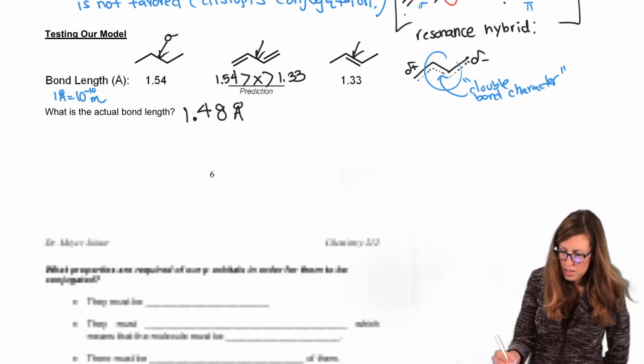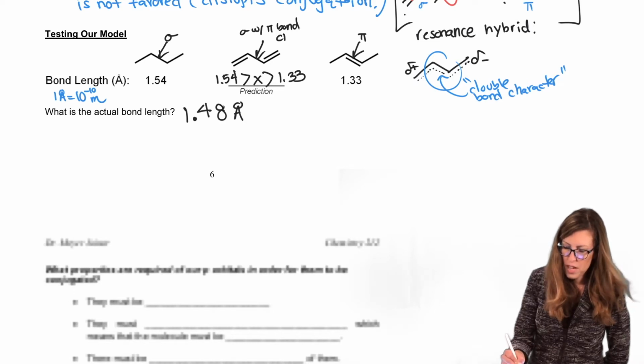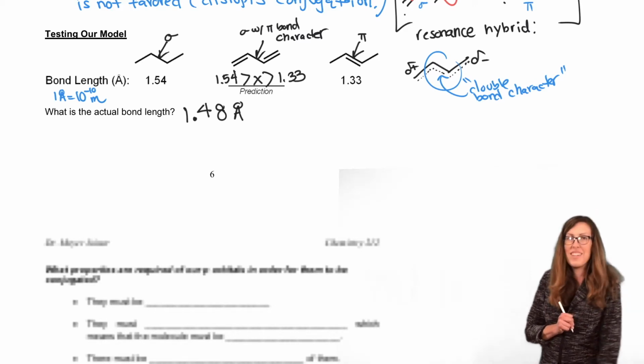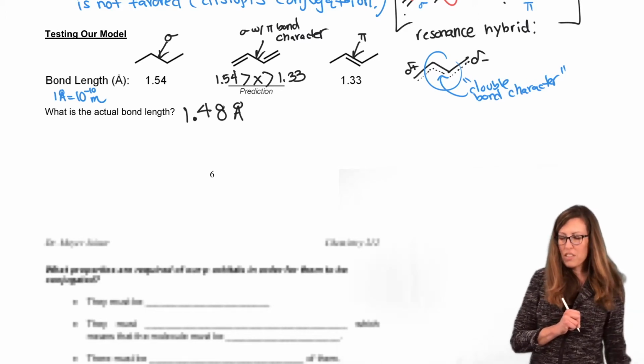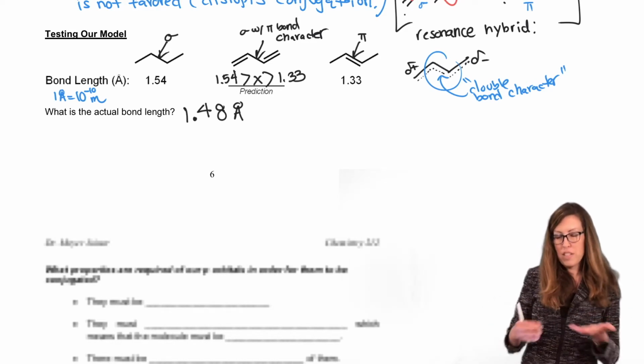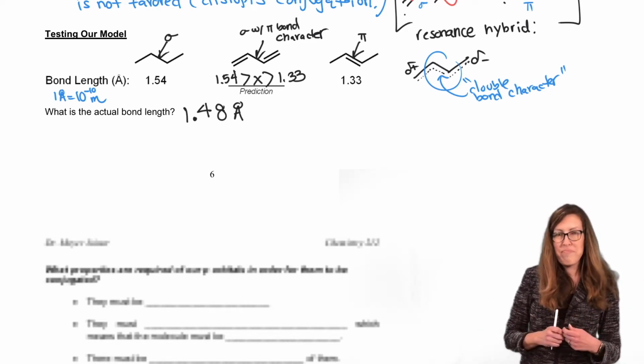So sigma, pi, and this one is a sigma with pi bond character because of that resonance hybrid. Whew! So this is all some old stuff. We've talked about bond length before, but it's interesting to see how it can prove whether or not we expect to see resonance.